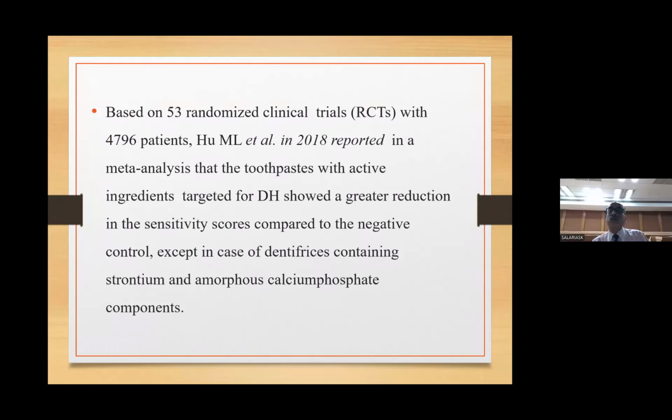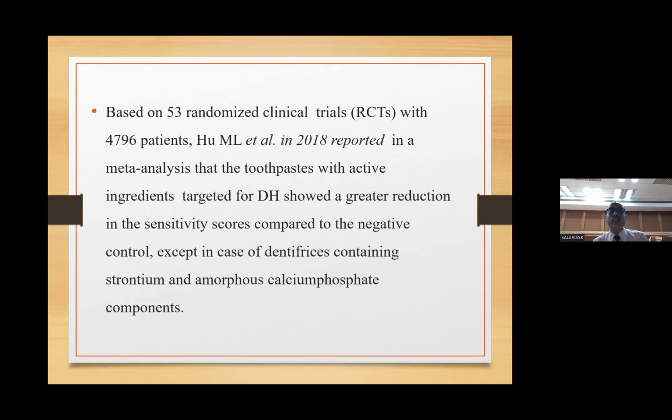But before we decide which dentifrice to use, we should always prefer to read randomized controlled trials, or go for meta-analyses and advanced review articles, not a single participation, as I have already shown on the screen.